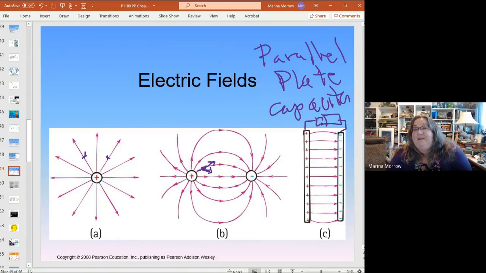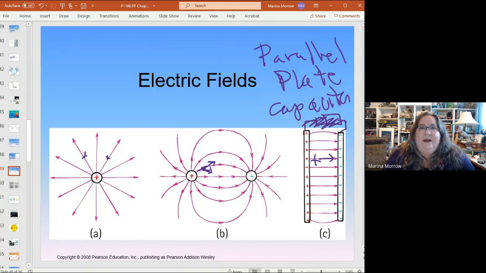And then you can take away the battery, and the plates will remain charged up. So what's going on there is you can see that any positive charge that's in there is going to be repelled from the positive plate and attracted to the negative plate. So the lines are going straight across pretty much, except at the edges, where they've got a little bit of a curve to them. And they're straight across to the right.